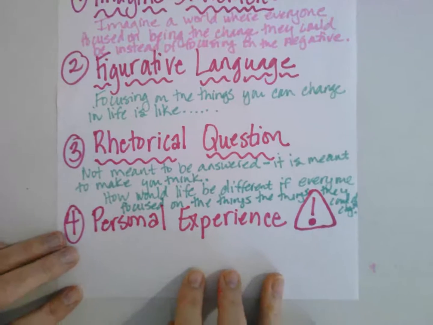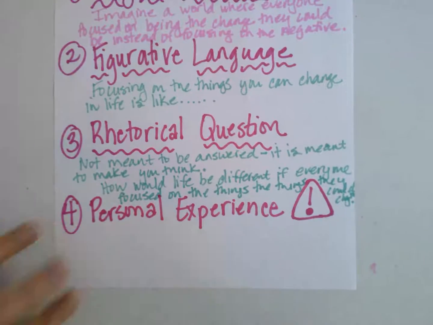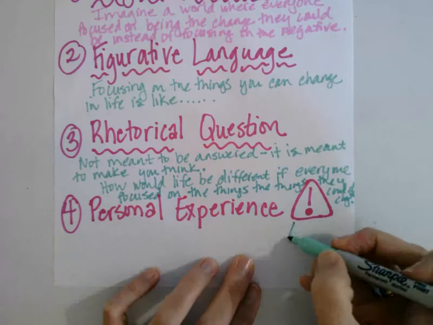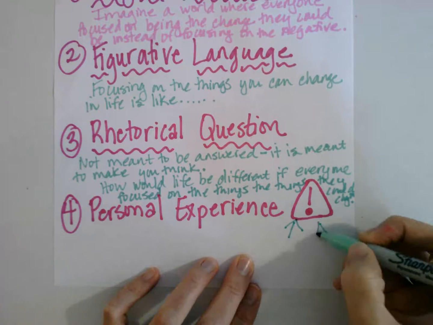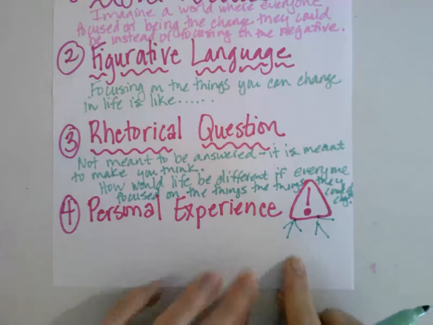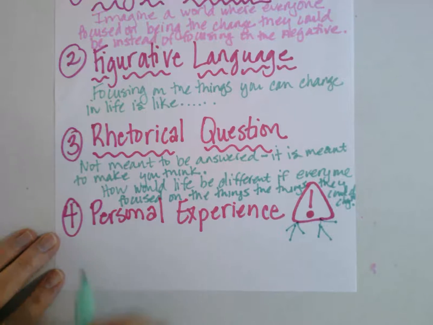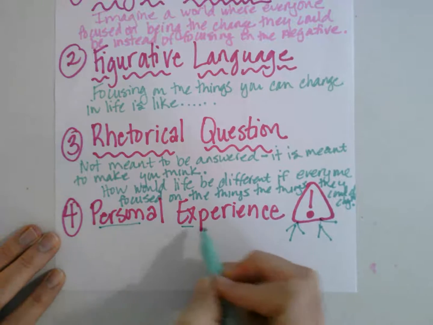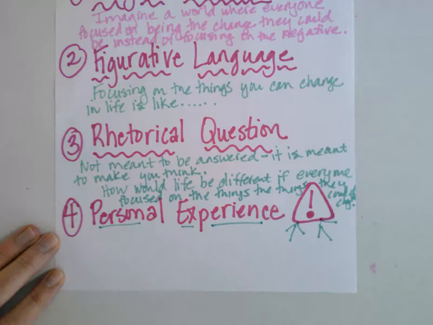And now another one is a personal experience. And I put this big caution sign here. That's on a road sign. That means caution, because you have to be very careful with personal experience. They can be extremely effective in an essay.